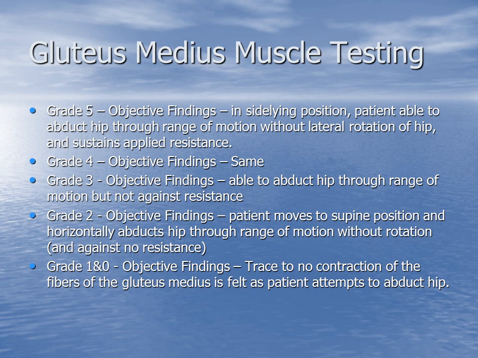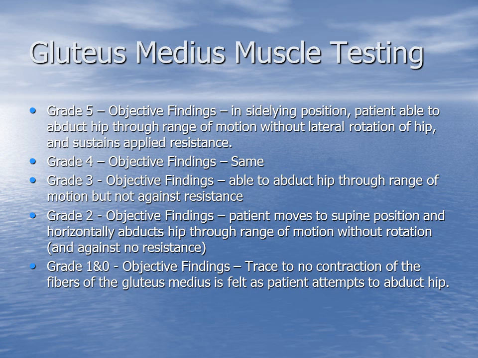And it's up to you, doctor, to determine what qualifies as maximum applied resistance. With a grade 4, we would see the same, although strength would be slightly less. With a grade 3, we see that the examinee is able to abduct the hip through range of motion, but not against resistance. And if you attempt to apply resistance, the ability to hold the test position gradually weakens.